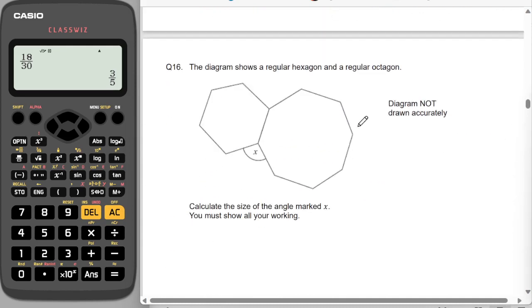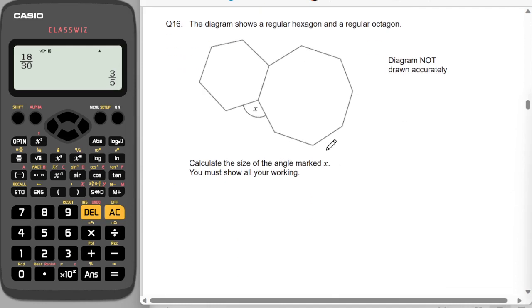So, question 16. The diagram shows a regular hexagon and a regular octagon. Calculate the size of the angle marked with X. So the angle marked with X is going to be equal to the exterior angle of both shapes. So the exterior angle of the hexagon is 360 divided by 6, so that's going to be 60.